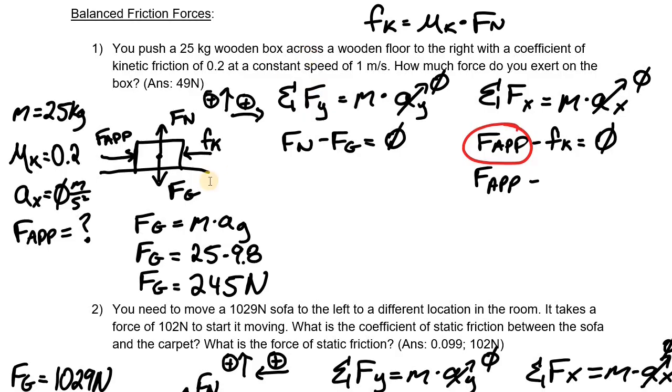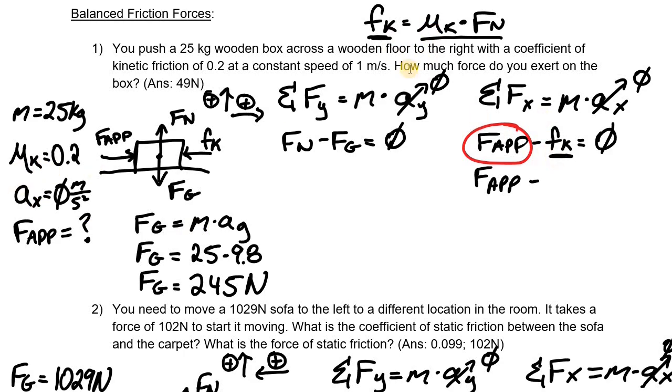Okay, so my given information, I'm not given my kinetic friction force, but I am given mu k. And I have mu k in this formula over here, so let's just do a simple substitution. I'm just going to say, we know that this is Fk. And we know that Fk is equal to mu k times Fn. I'm given my mu k, my coefficient of kinetic friction, so that's a piece of information that I could possibly work with.